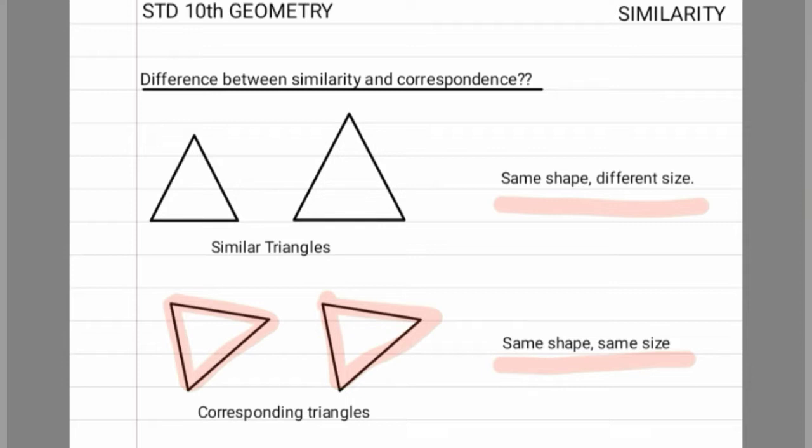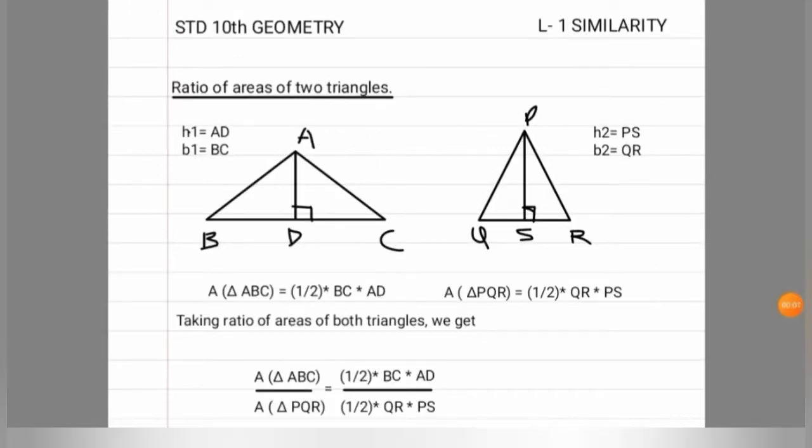Mark my words, similar triangles have the same shape and different size, while corresponding triangles have the same shape and the same size. Now, let's start with some basic properties of similarity which are based on the ratio of areas of two triangles.